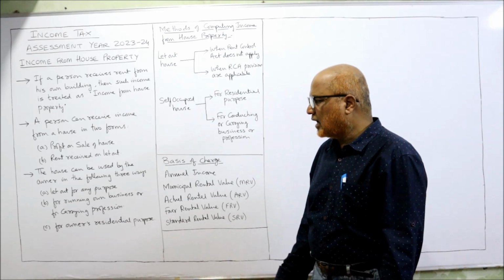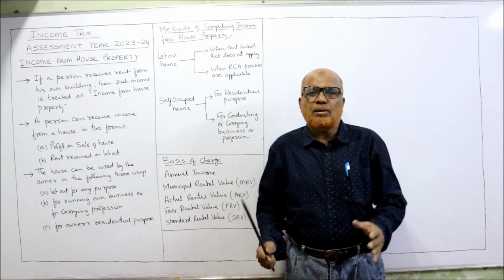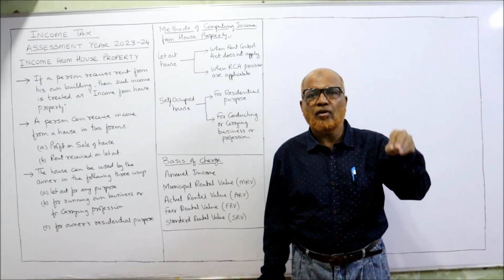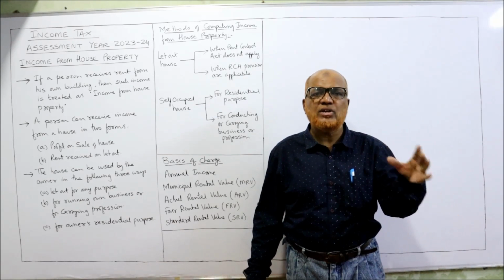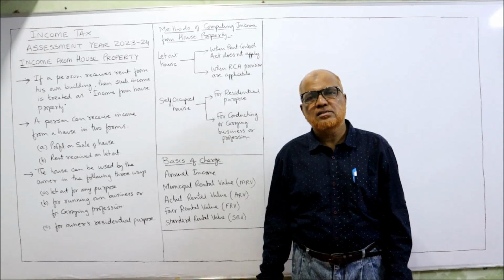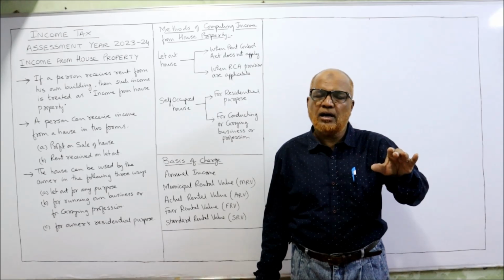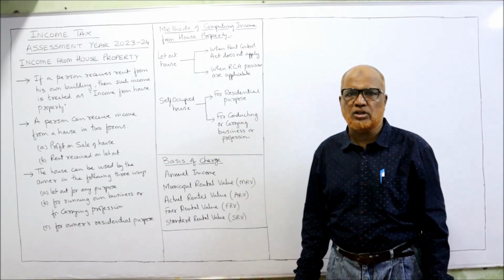The second, for running his own business or for carrying on his own profession. Sometimes an owner of the building will use the building for running his own business or carrying on his own profession. In that case, we will not calculate the income from house property because it will be included in the income of the business or profession.